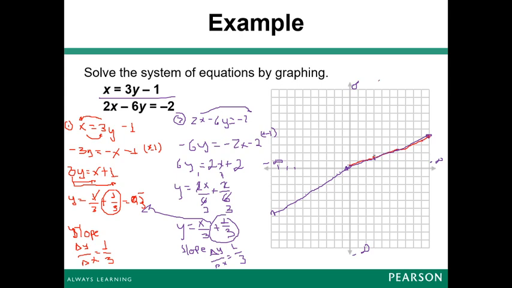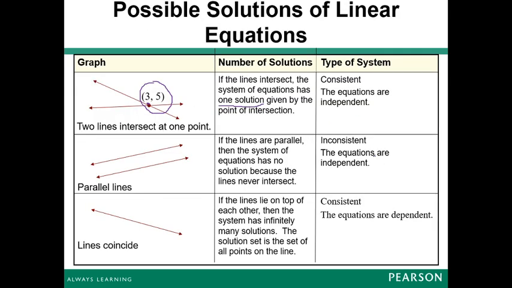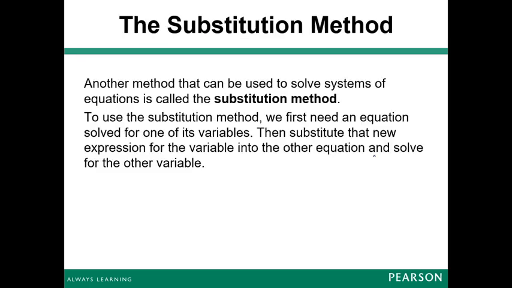Very good. Now we have to study one easier method that we can use to solve systems of linear equations. In this case, we're going to learn about the substitution method.